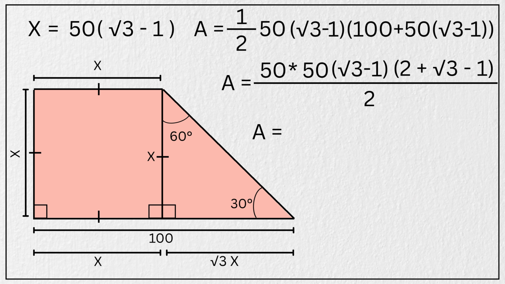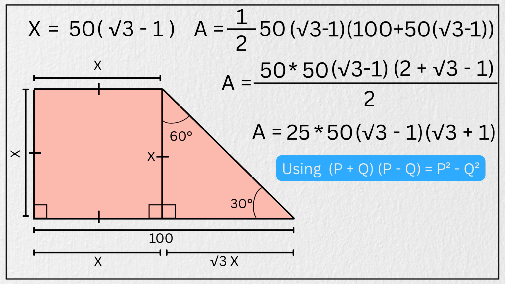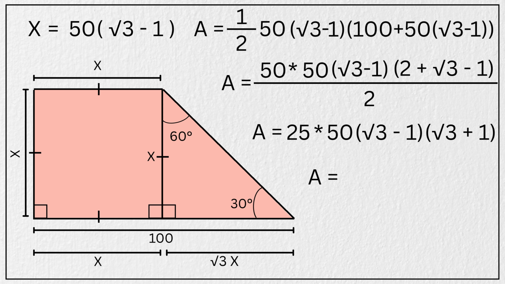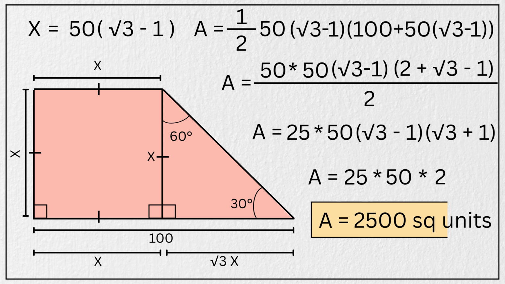So now we have 25 times 50 times the quantity square root of 3 minus 1 multiplied by the quantity square root of 3 plus 1. Once again, applying the difference of squares formula to this square root of 3 minus 1 times square root of 3 plus 1, we get 3 minus 1, which is 2. Thus we have area of trapezoid is equal to 25 times 50 times 2, which equals 2,500 square units. And that's our final answer.